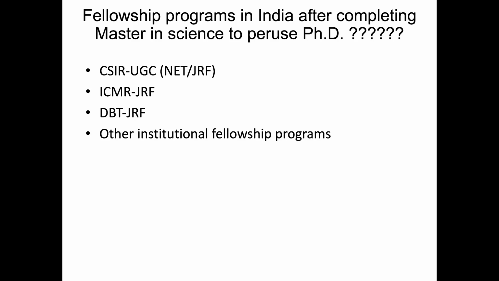There are different funding agencies that provide fellowships to students to continue their research and complete their PhD program, like CSIR, UGC, ICMR-JRF and DBT-JRF, and other institutional fellowship programs that are conducted by different autonomous institutions that come under CSIR or ICMR or DBT itself.